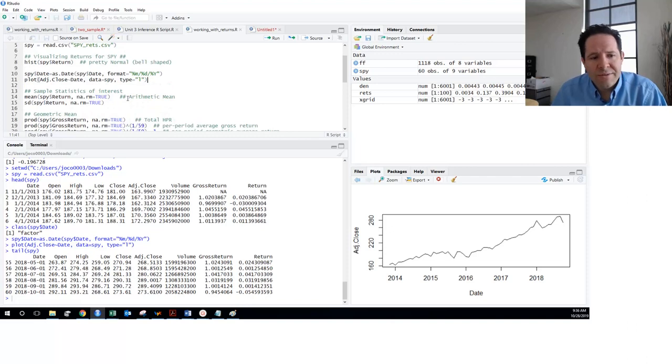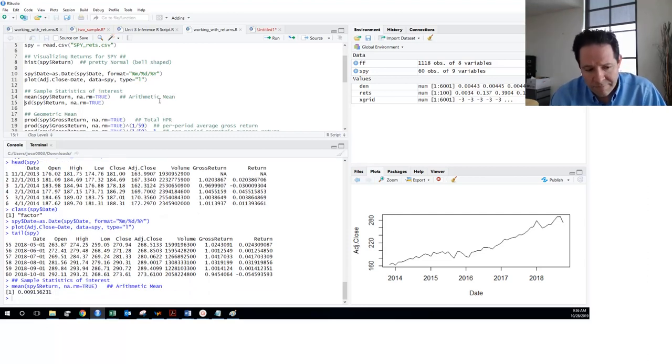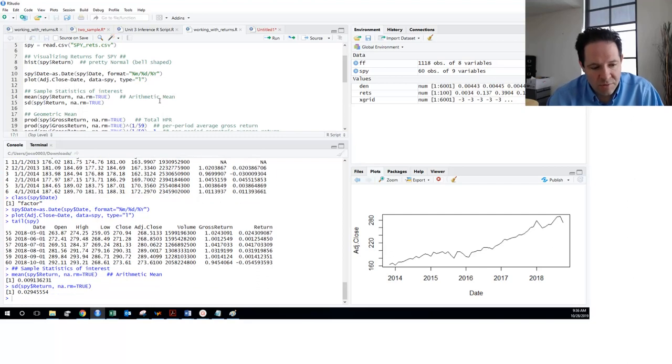Okay, so let's get some characteristics. Keep in mind the NA, we're going to have to deal with that, so we need to remove the NAs in our calculations. So the mean return is 0.91%. Standard deviation of returns is 2.9%.